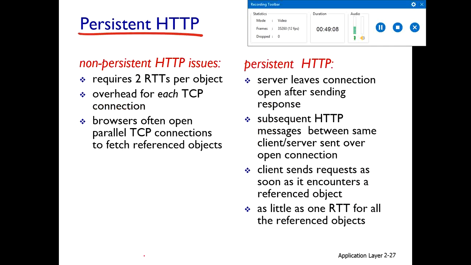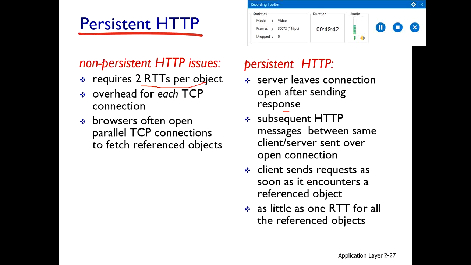Now let's talk about some issues related to non-persistent and persistent HTTP. Non-persistent HTTP requires 2 RTTs per object, which is the overhead of each TCP connection, and browsers often open parallel TCP connections to fetch the referenced objects. But with persistent HTTP, the server leaves the connection open after sending the response, and subsequent HTTP messages between the client and the server can be sent over the same TCP connection.